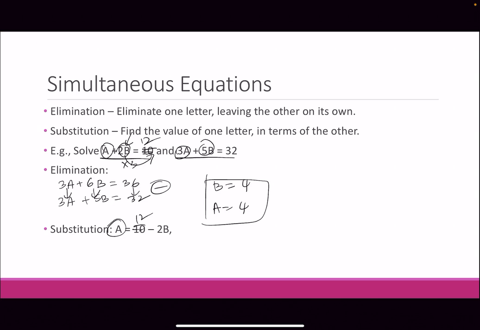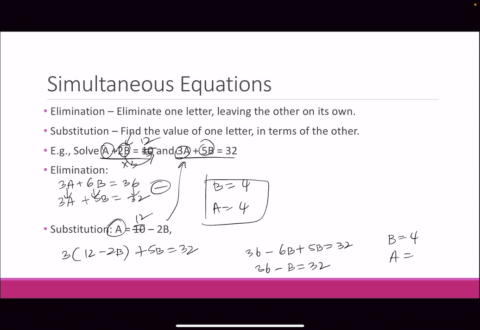Now if I substitute that into this second equation instead of a, I get 3 times 12 minus 2b, plus 5b equals 32. If I simplify that, I should get 36 minus 6b plus 5b equals 32. So 36 minus b equals 32, so b has to equal 4.